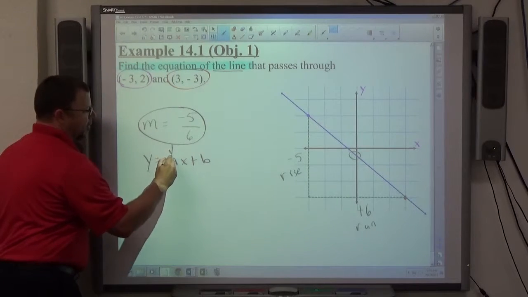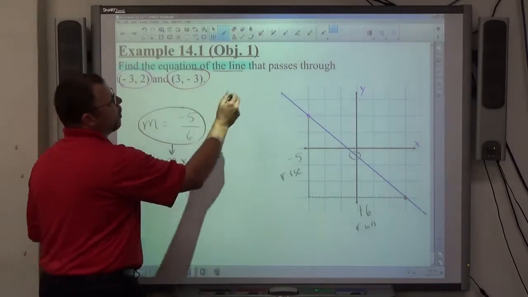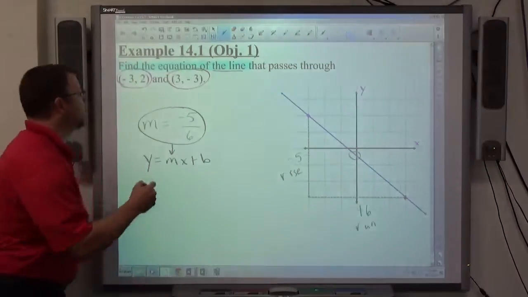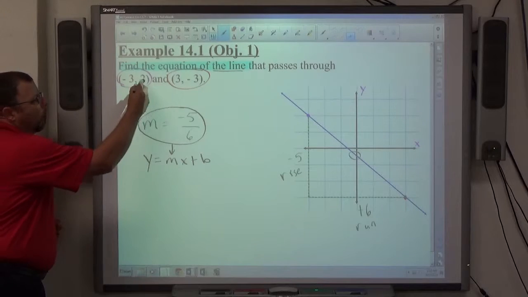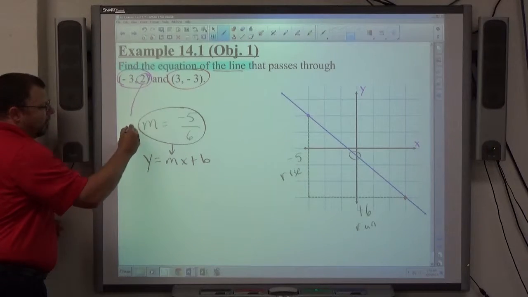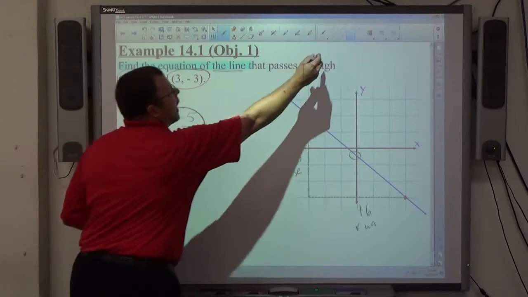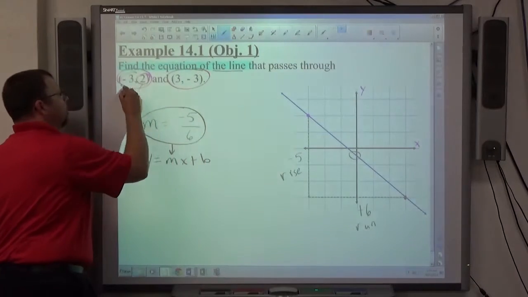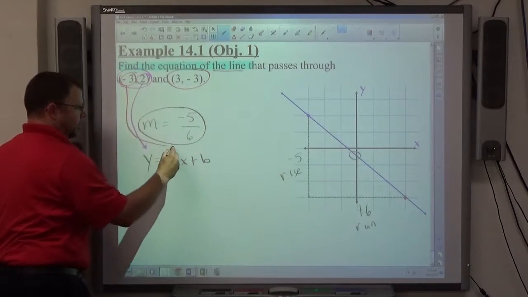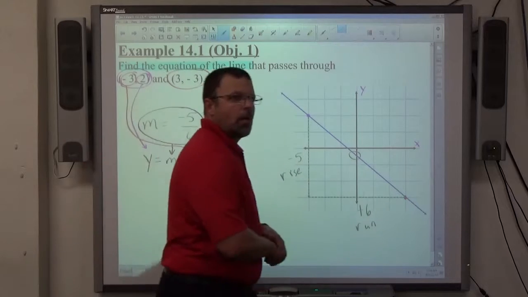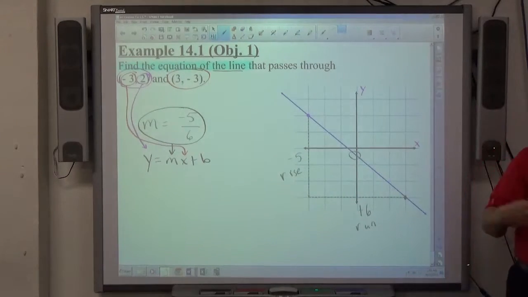I can substitute that for m. I also have 2 points up here. Either point will work. I'm going to take the purple point. y is the second value in that point, and x is the first value in that point. Those 3 values can be substituted into our linear model in order to figure out what b equals.